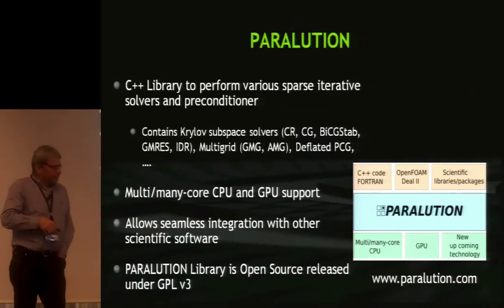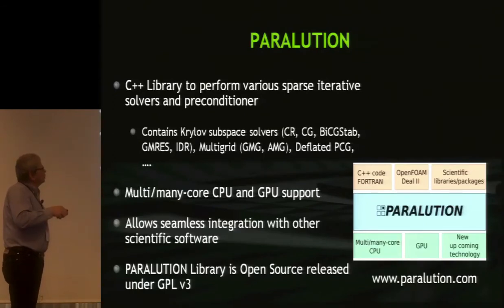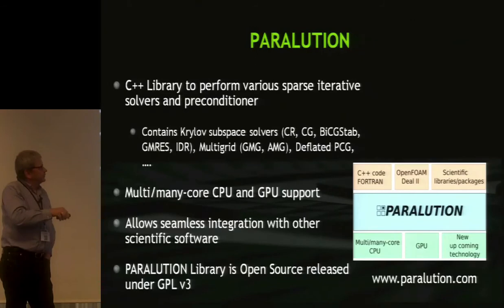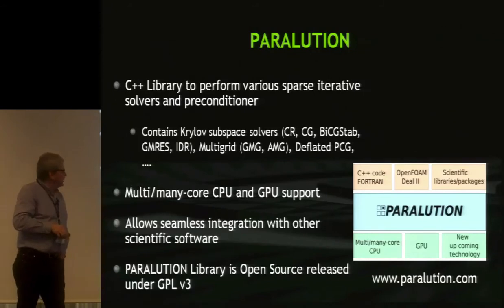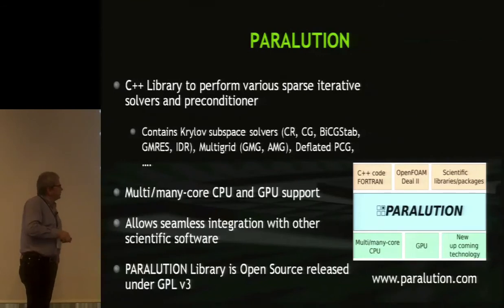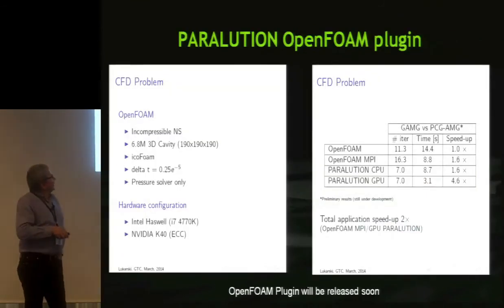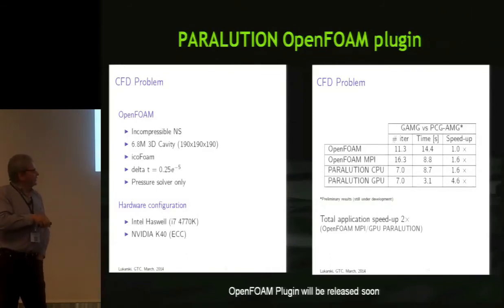Another C++ library to perform sparse iterative solvers is the PARALUTION library by the company PARALUTION. Also a lot of solvers are implemented, with many-core CPU and GPU support. The PARALUTION library is open source, released under GPL license. And here are some early benchmarks for the OpenFOAM plugin, which were also presented last week at GTC.